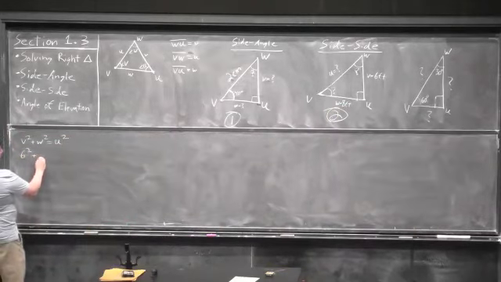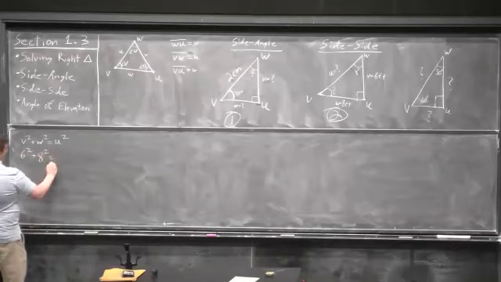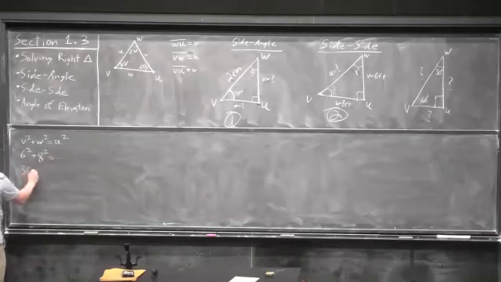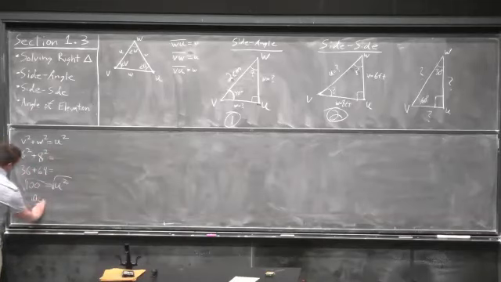My w is 8. And 6 squared is 36, plus 8 squared, that's 64, which then gives 100. That is 36 plus 64, and that is equal to u squared. So I square root it, and I have 10 centimeters, or actually I have feet there, equals u.